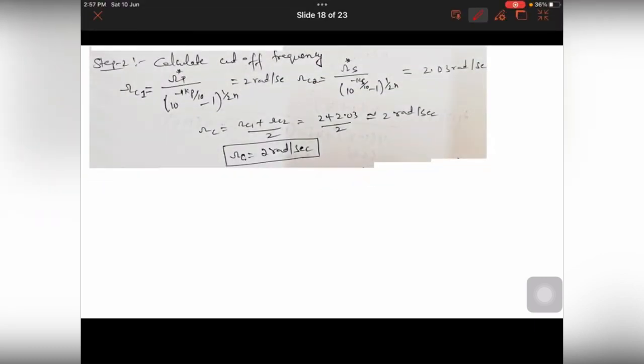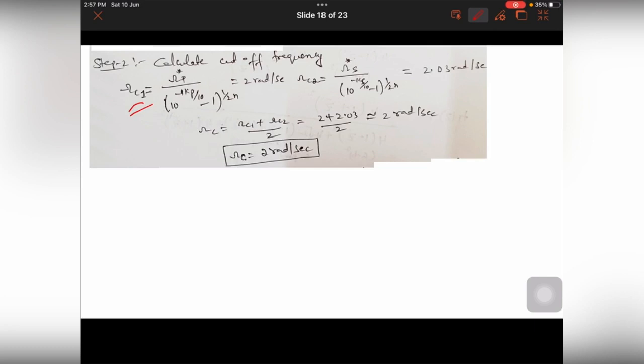Step 2, calculating the cutoff frequency omega c. Omega c can be calculated from omega c1 and omega c2. So what is omega c1? Omega p star divided by 10 to the power of minus Kp by 10 minus 1, whole power 1 by 2N, and omega c2 is equal to omega 2 divided by 10 to the power of minus Ks by 10 minus 1, whole power 1 by 2N.